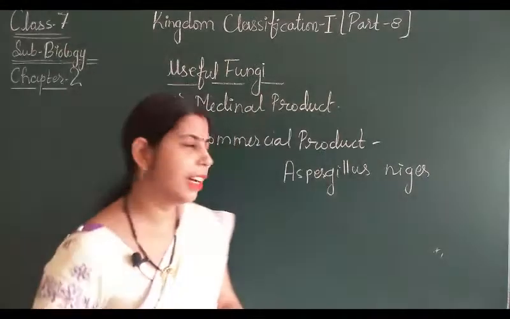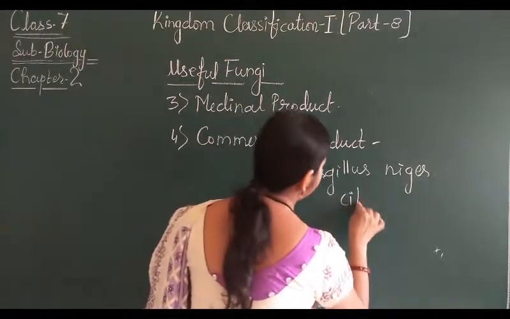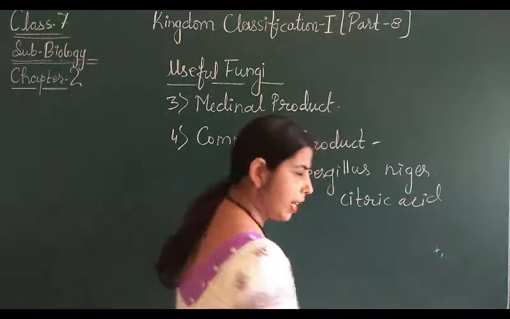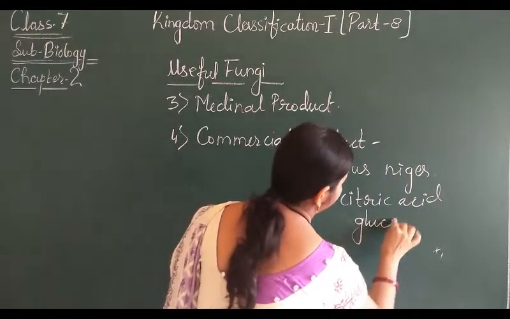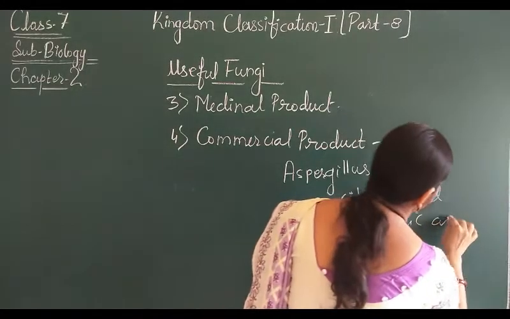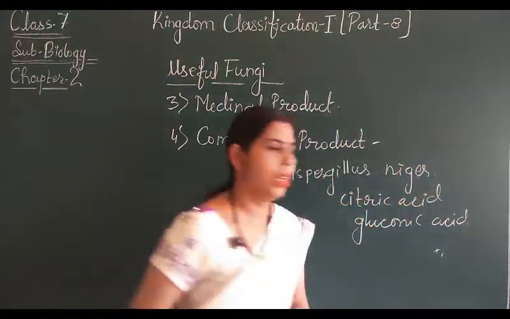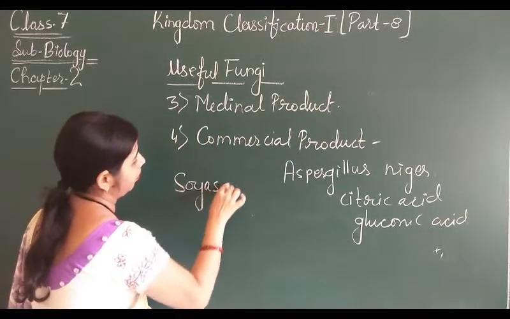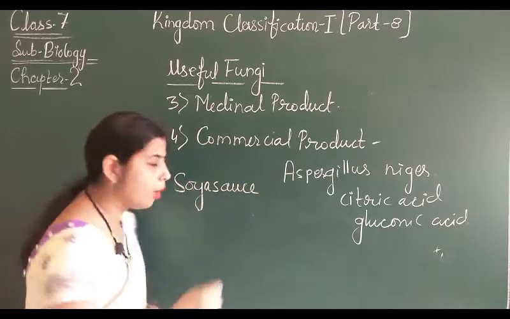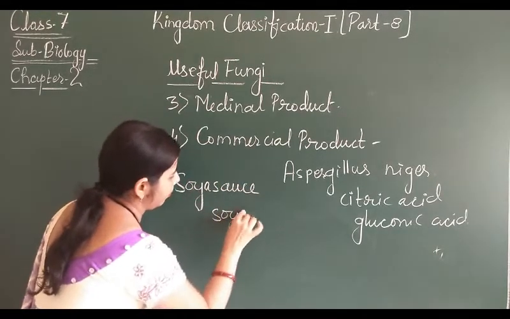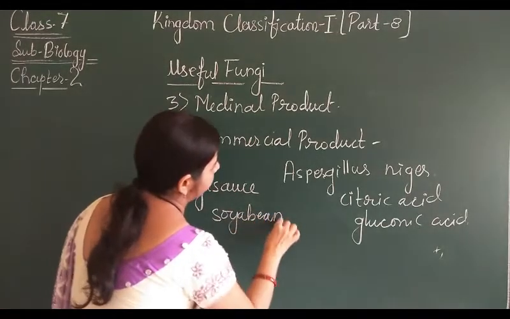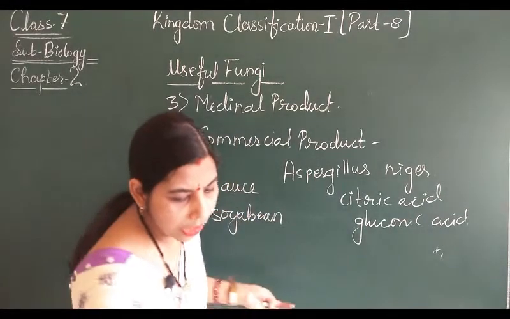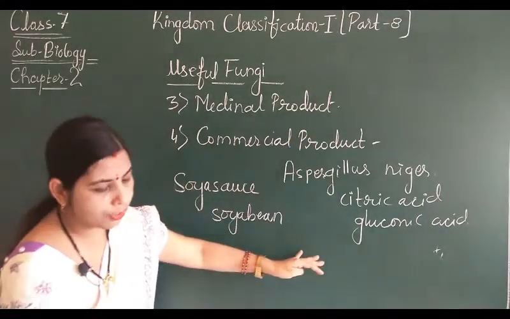This Aspergillus niger helps in the formation of citric acid and gluconic acid. It also helps in the formation of soya sauce by the use of soya bean. That means fungi are very important because they give us a number of things.